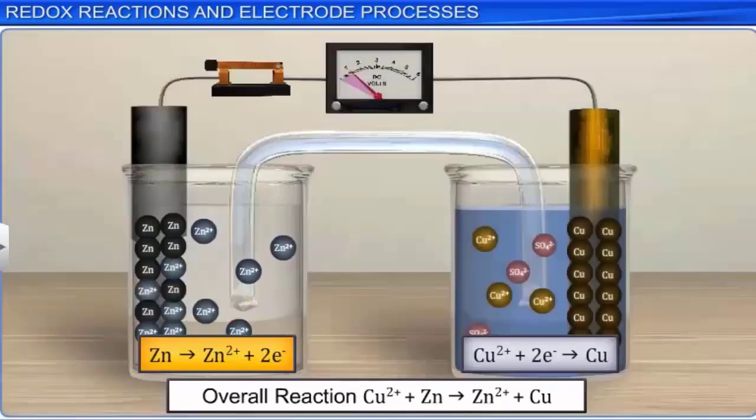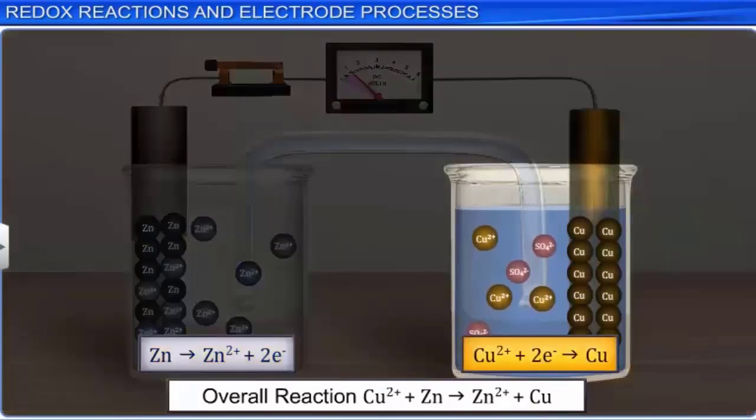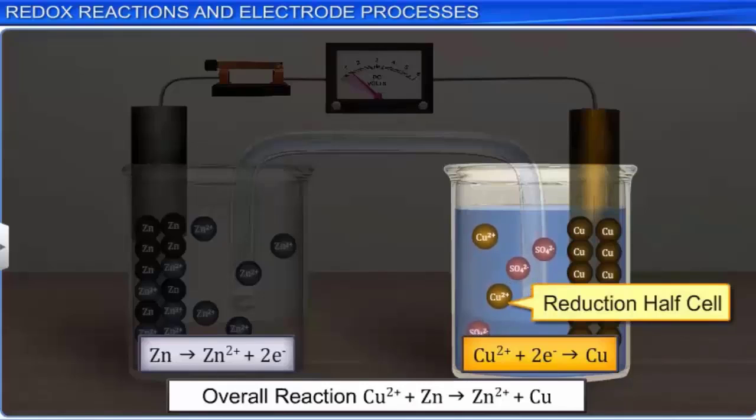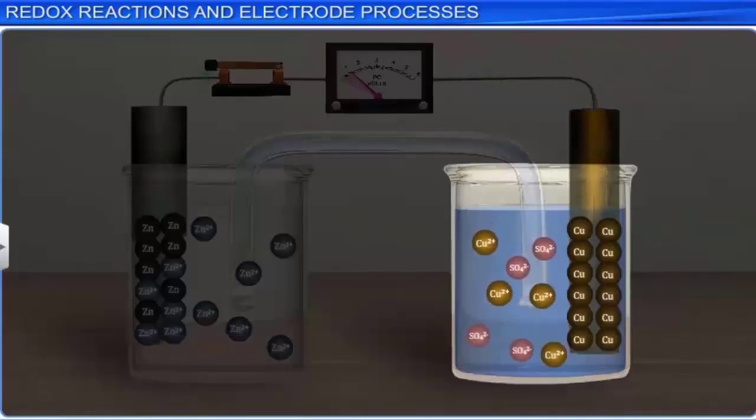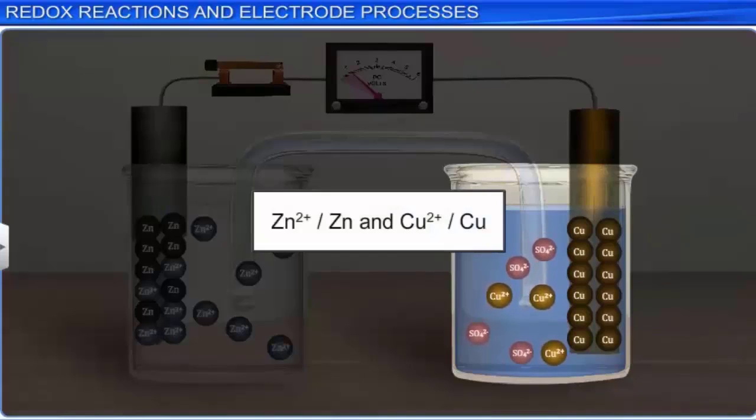On the other hand, the beaker in which the copper rod is dipped in copper sulfate solution, where reduction of copper ions is taking place, is referred to as the reduction half cell. The electrode at which reduction takes place is called the cathode. In the cell notation, a slash is used to separate the oxidized form and the reduced form in a couple.